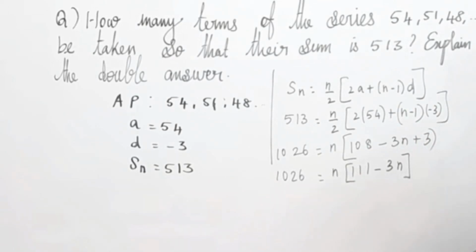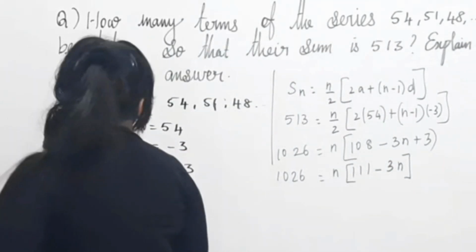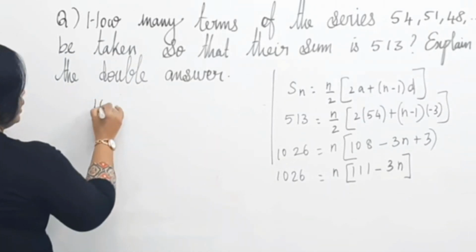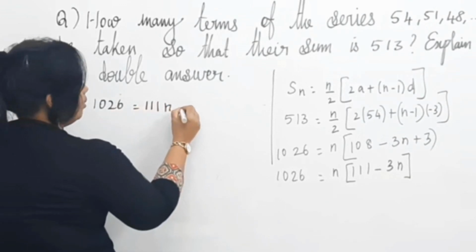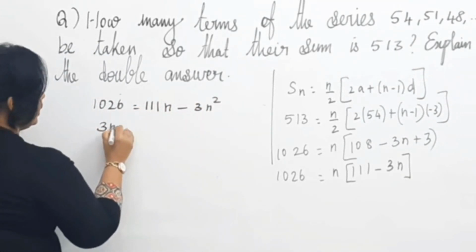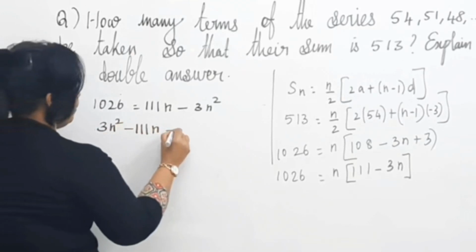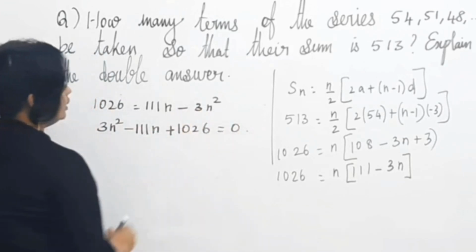So I'm going to get my quadratic equation. I have to solve that equation. So I would have my equation as 1026 is equal to 111n minus 3n squared. So let me write my quadratic equation: 3n squared minus 111n plus 1026 is equal to 0.